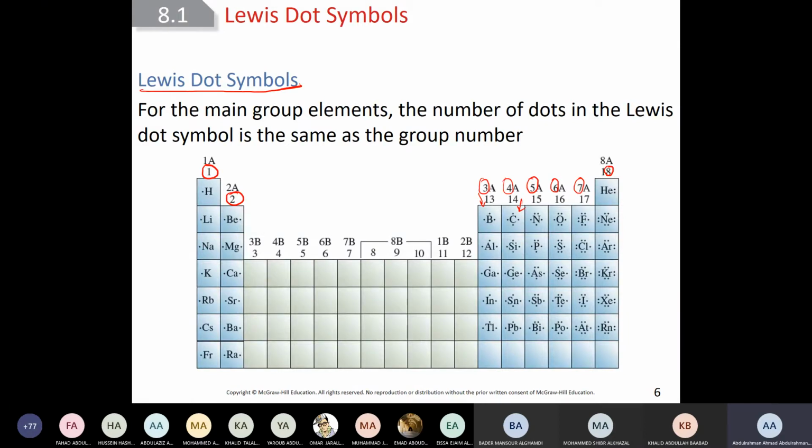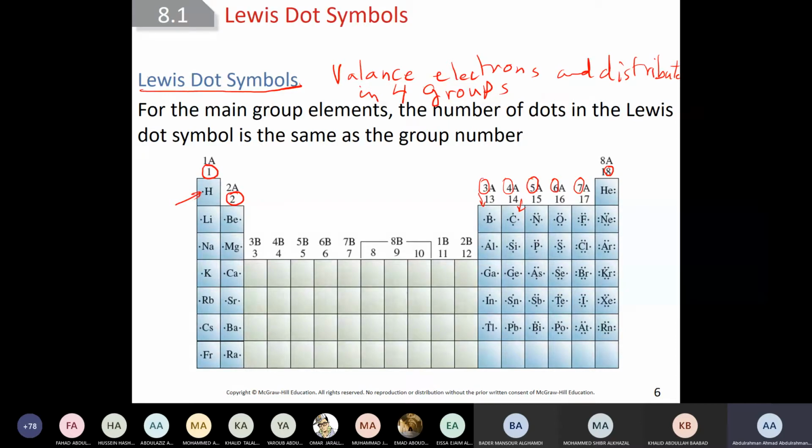What Lewis did, he took the valence electrons and distributed them in four groups. He put one dot to say there is one valence electron.